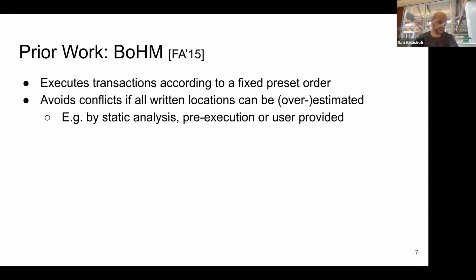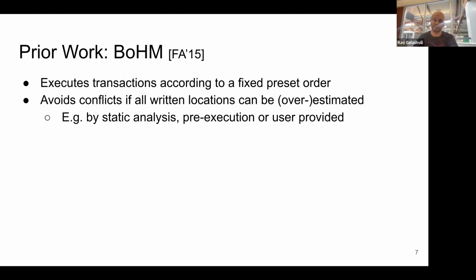What I mean by this is that the outcome is always the same as if you executed the transactions in a given sequential order. Because our requirement from the blockchain perspective is just determinism. It's fine if you have some order, not necessarily known ahead of time, as long as every validator gets the same order.